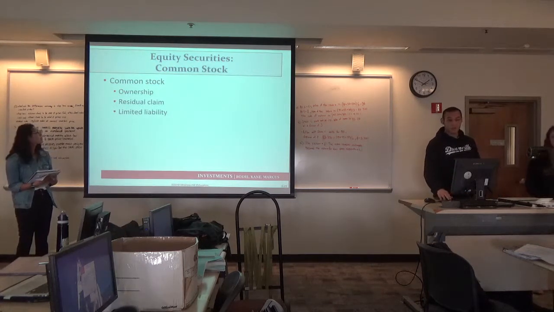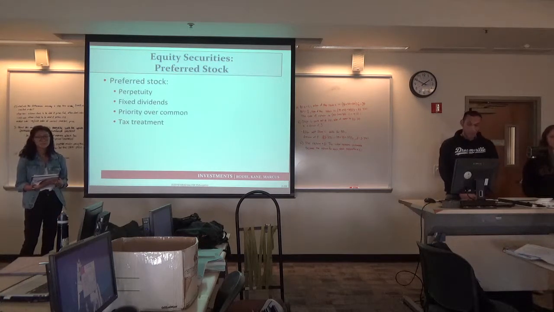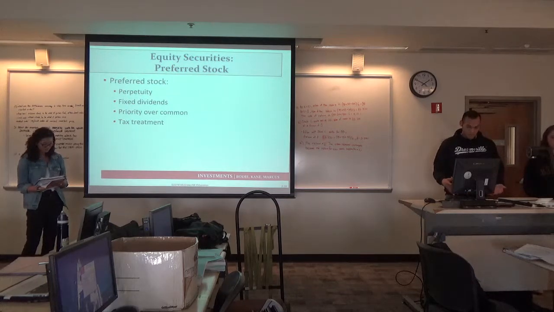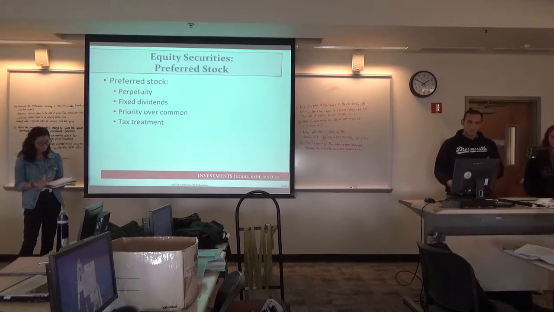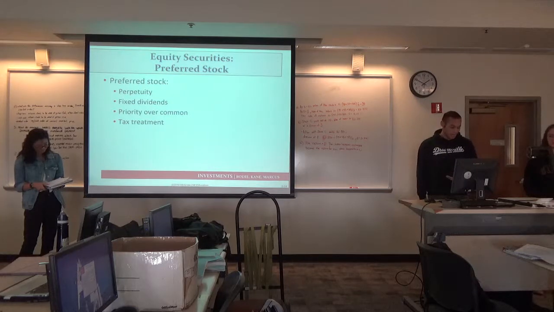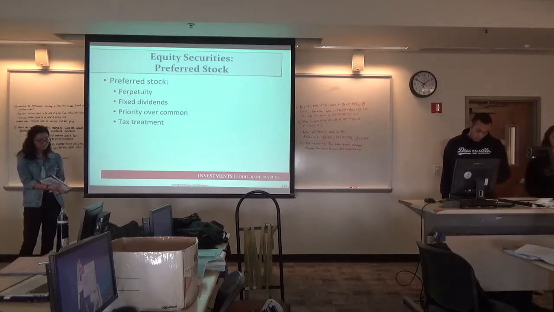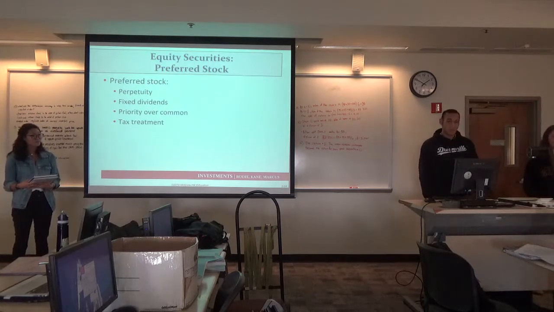Then moving on to preferred stock. Preferred stock usually contains perpetuity, which is basically periodic payments that don't stop. Preferred stock doesn't usually have a maturity date, and will usually have redemption features. The dividends are fixed.